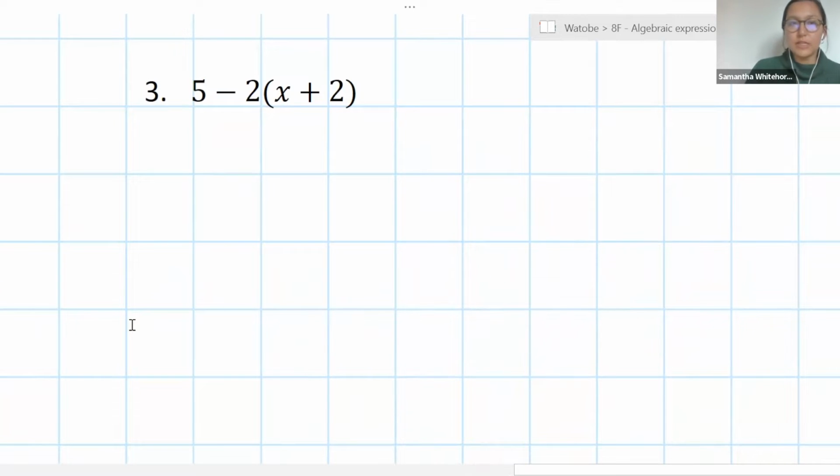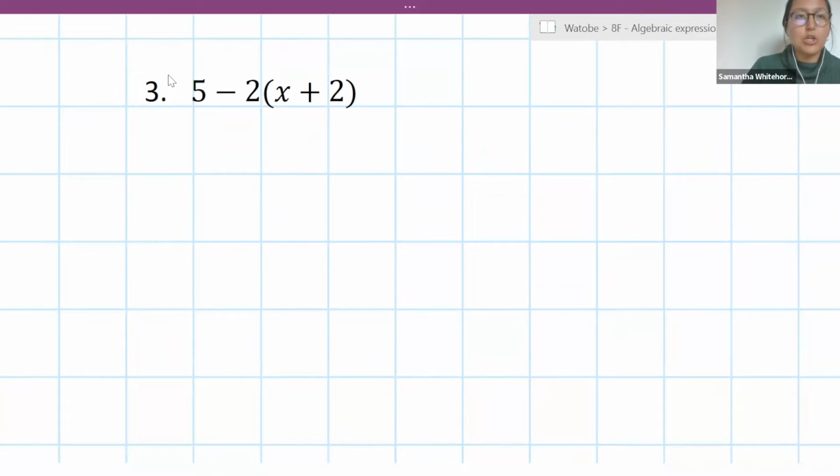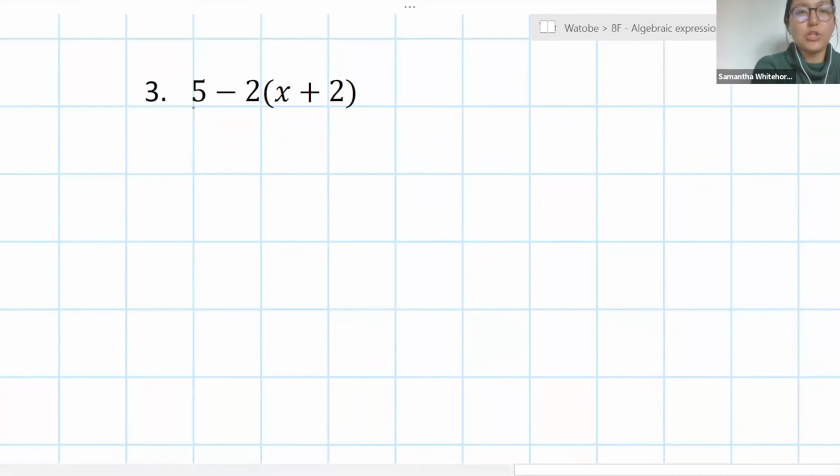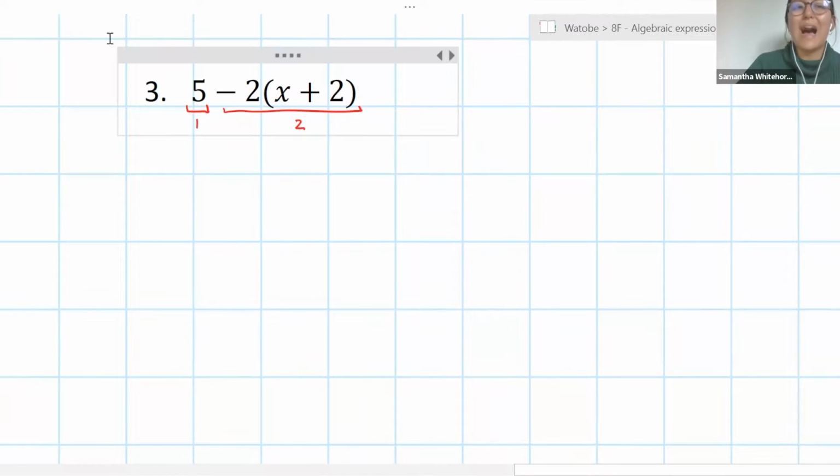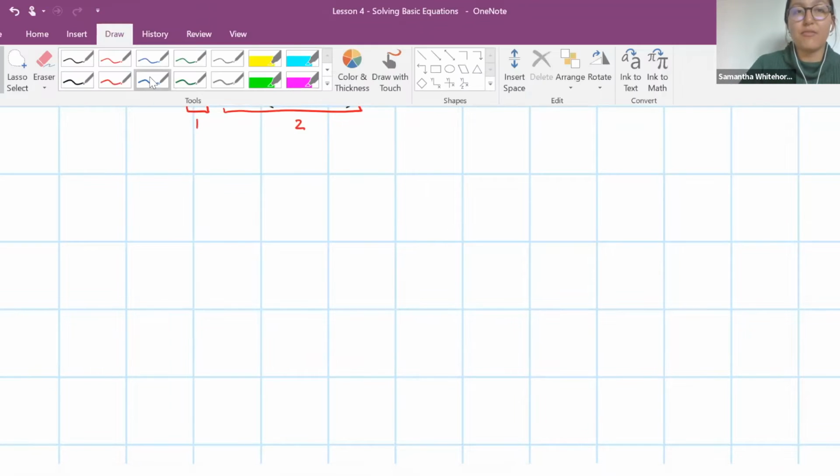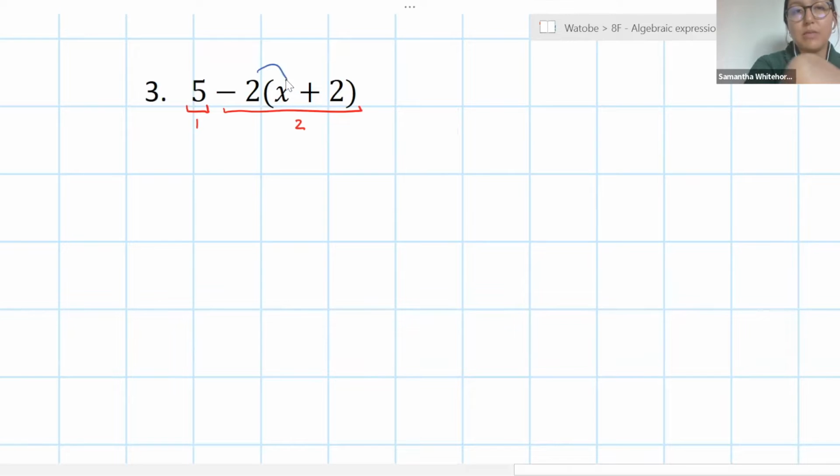If you want to think of it in terms of BODMAS, remember, multiplication needs to come before any addition or subtraction. So what we want to do is know which terms we have. I've got a term 1 and term 2. Now those terms have to stay separate until I have multiplied in the negative 2. I must not say 5 minus 2 and then only multiply in. It is the negative 2 that I'm multiplying into this bracket.